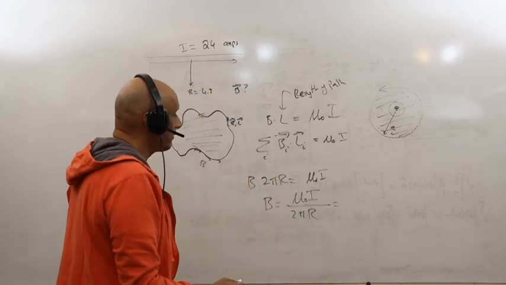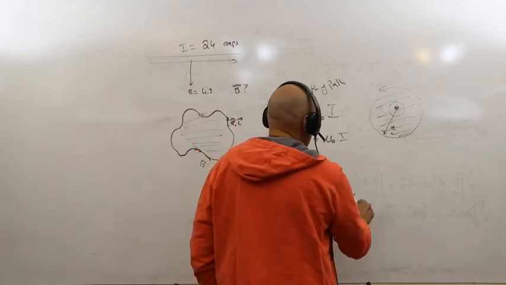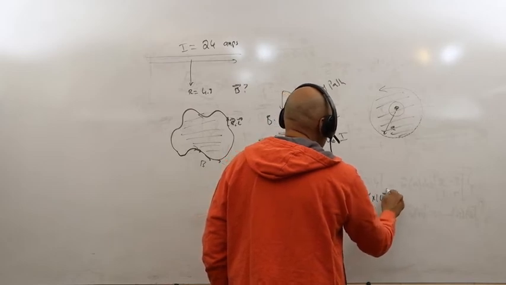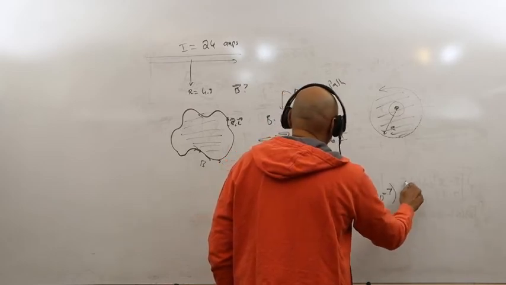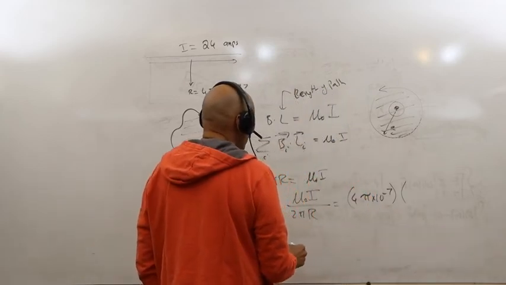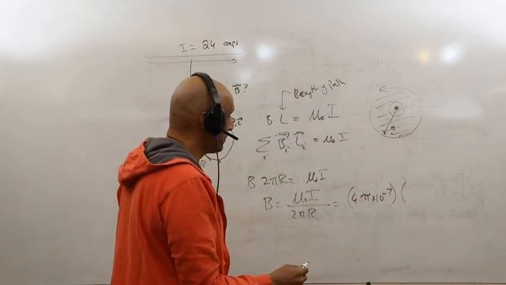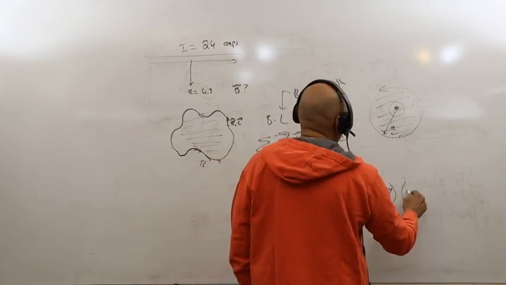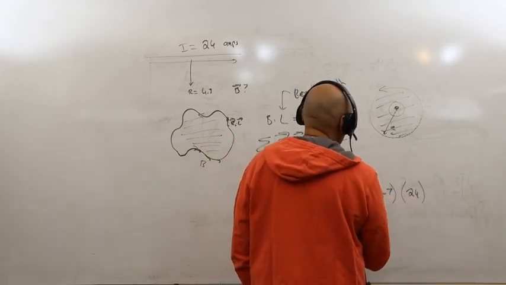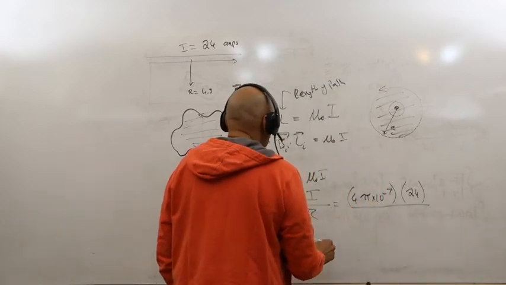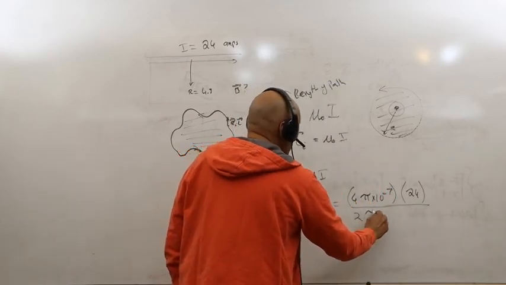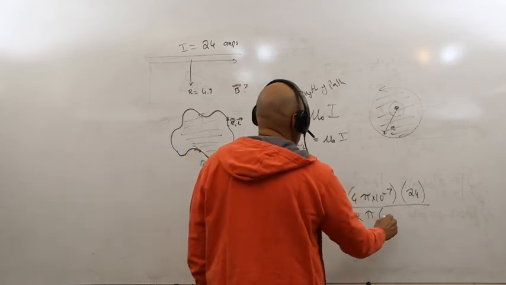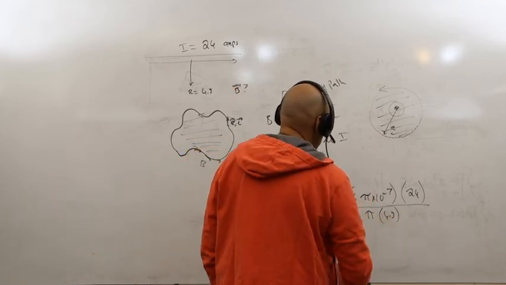So we can plug in values. The permeability of free space, mu O, is given by 4 pi times 10 to the minus 7, which is a constant. The current has a value of 24, two significant digits, over 2 times pi times the radius, which in this case is 4.3 meters.